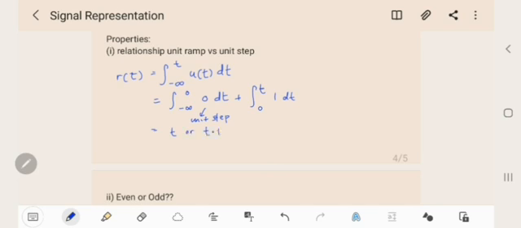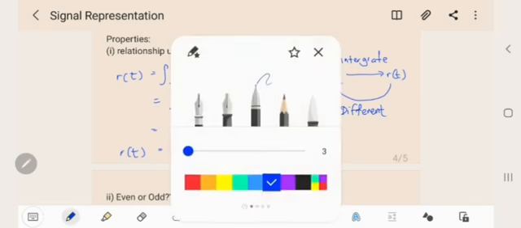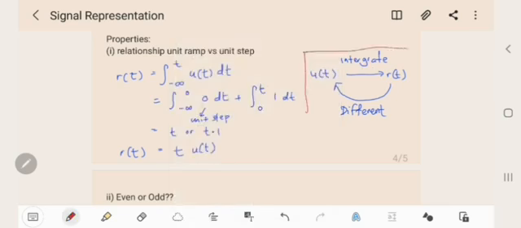So r(t) equals t multiplied by u(t). This shows that to get r(t) from u(t) we need integration, and to get the unit step back we need differentiation.